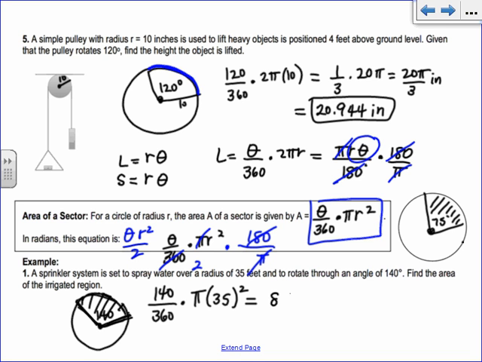I haven't multiplied the pi in yet. So I had that, and then multiplying by pi, yeah. And it'd be in square feet. So 1,496.620 square feet. Does that make sense? Okay.